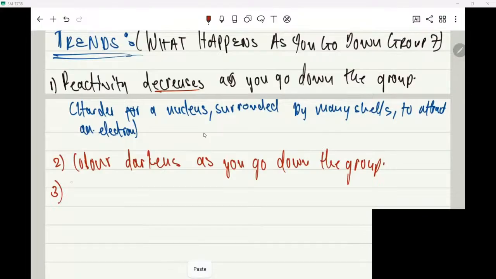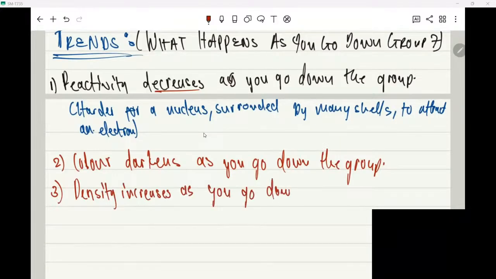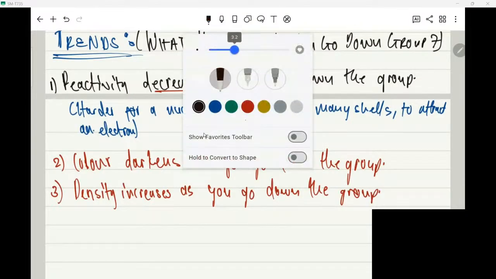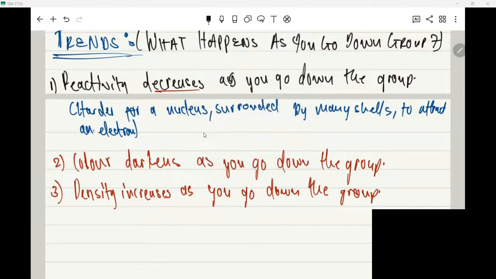Now, what else happens? Density increases as you go down the group. They do get denser, of course, because we know that a solid is denser than a gas. As you go down the group, you come from fluorine gas, chlorine gas, bromine liquid, iodine solid, astatine solid.